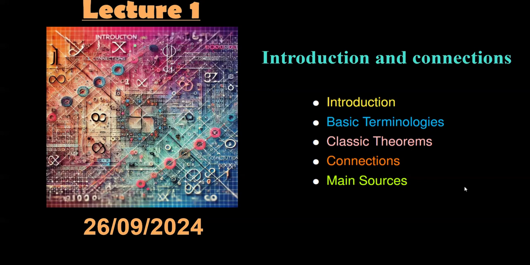Finally, I'll point you toward the main sources we will be using throughout the semester, including textbooks and research papers that are core to this subject. By the end of this lecture, you should have a solid understanding of what to expect and how the different topics we'll cover are interconnected.